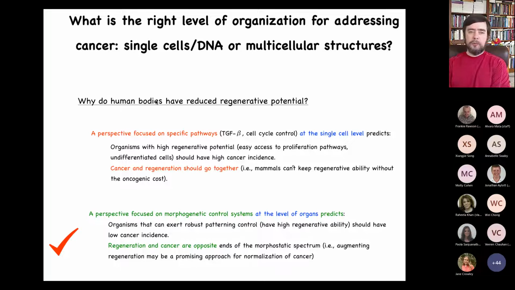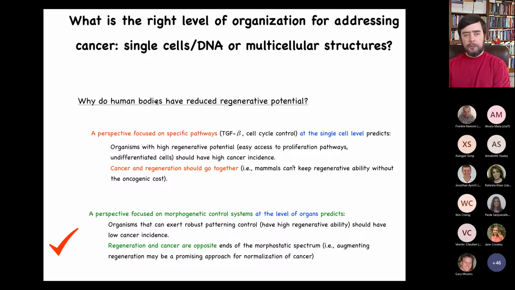Oftentimes what people will say is, well, the reason is to avoid cancer risk. The idea is that if you had a large body that needed to be around for many decades, and you had access to these plastic, highly proliferative cells, such as stem cells and so on, that are needed for regeneration, there would be too much risk of cancer.